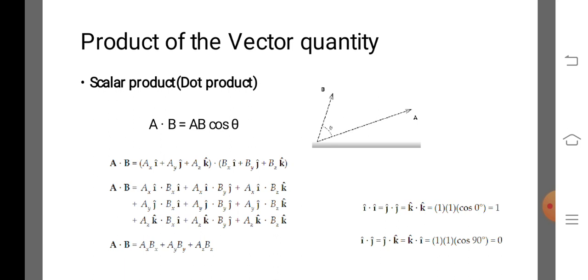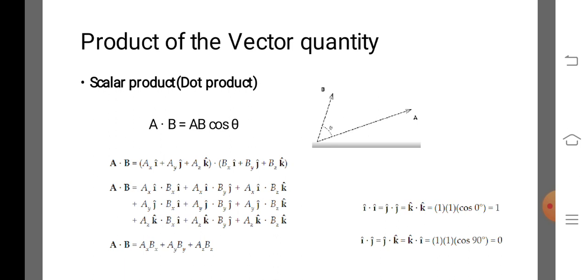In vector quantities, we have to represent three axes of direction, and those three axes of direction are called base vectors. The base vectors are ax vector, ay vector, az vector.